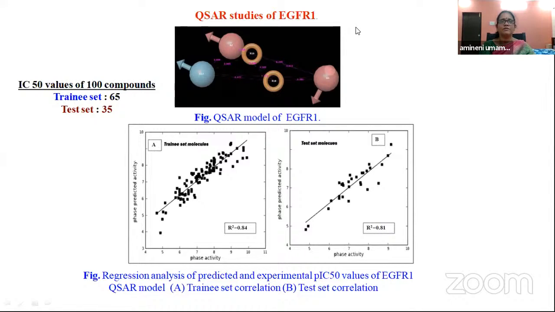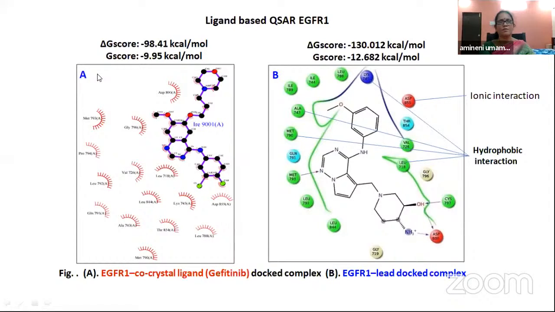If we have the QSAR model, we can screen this model in virtual screening. This is called QSAR based screening. This QSAR based screening is possible only if we have the biological activity of the compounds.